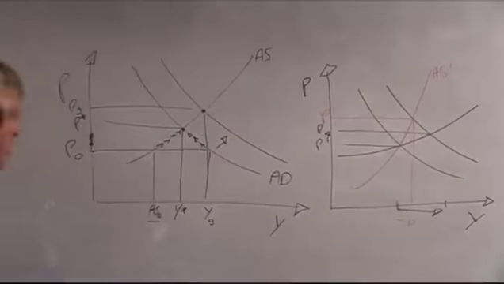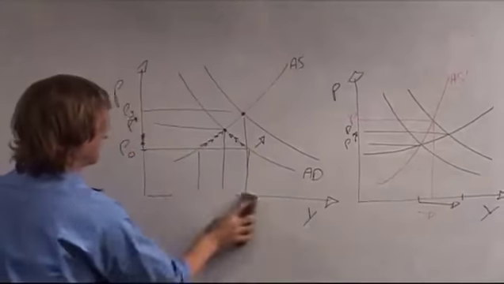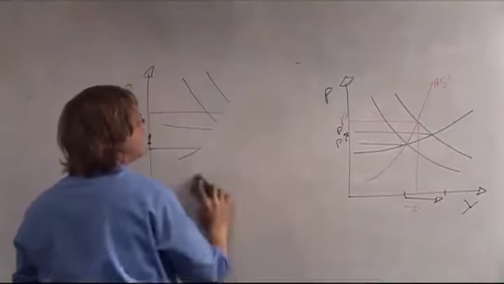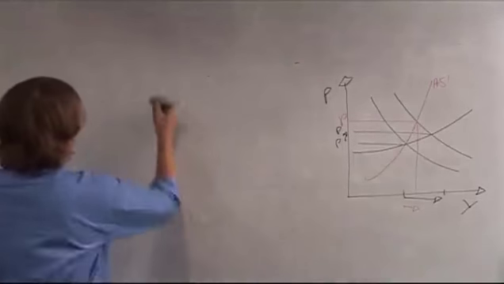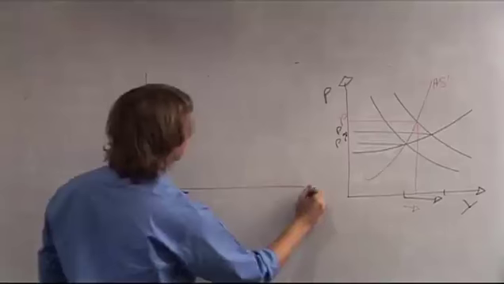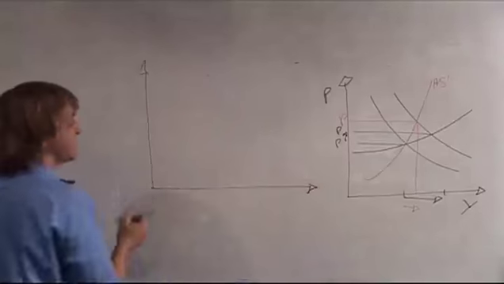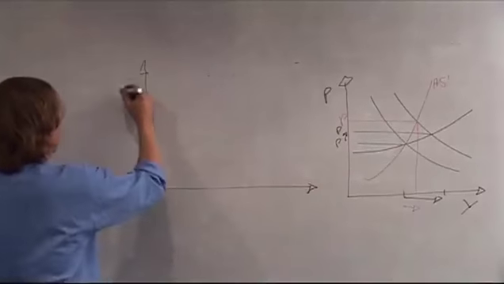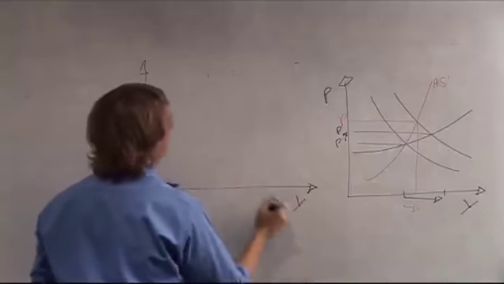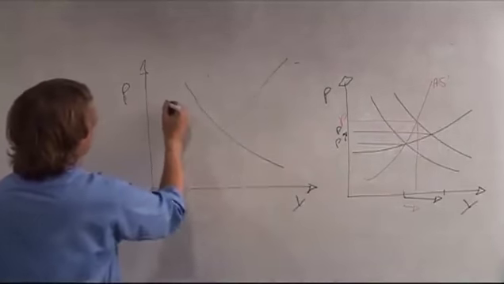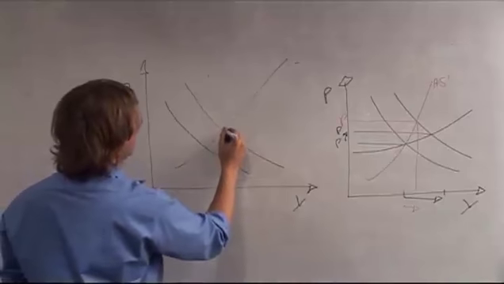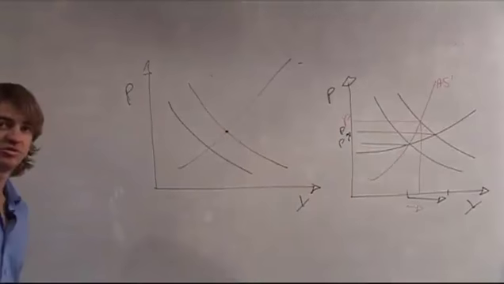Now, if aggregate demand were to decrease, you would decrease the amount of output in the economy. So it would lead to a recession and perhaps cyclical unemployment. So if you had price and output and you've got aggregate demand, but then aggregate demand decreases to this point, what do you think is going to happen to price?